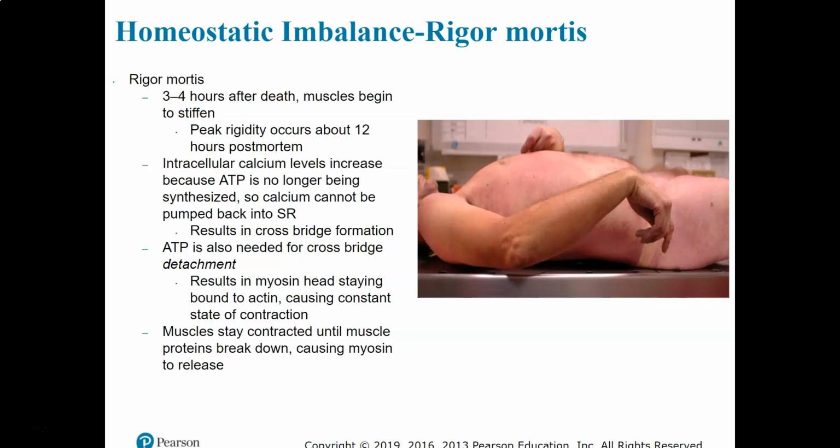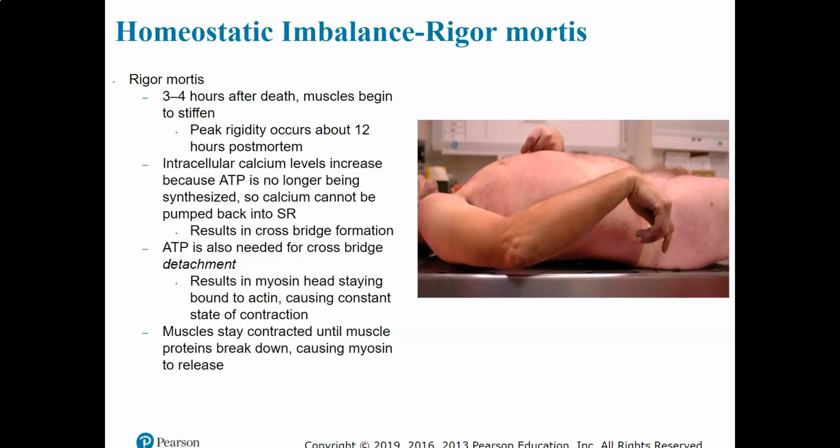But in order to break that cross bridge, ATP needs to attach. But because the cells are dead, they're no longer making ATP. So they don't detach, so the muscles stiffen up. And we call that rigor mortis.